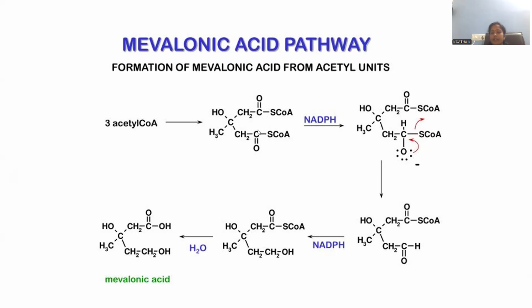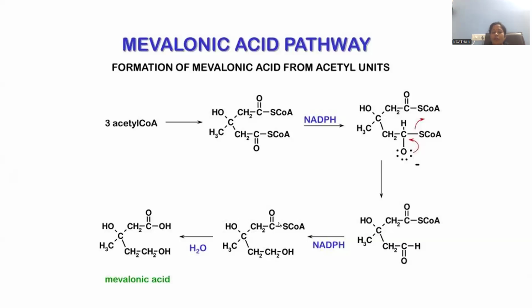Wherever there is a ketonic group, it is able to attach with hydrogen so that an O minus oxide is generated. Later on, we delocalize the negative charge in order to form the double bond, and subsequently CoA is removed and an aldehyde is generated. Later on, another reducing agent, NADPH, is added, and the aldehyde is turned into an alcohol.